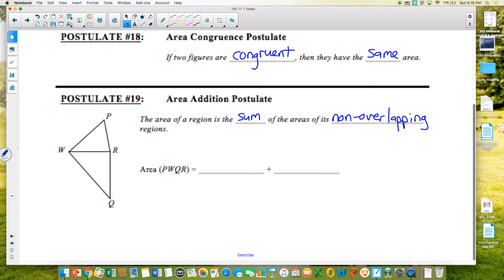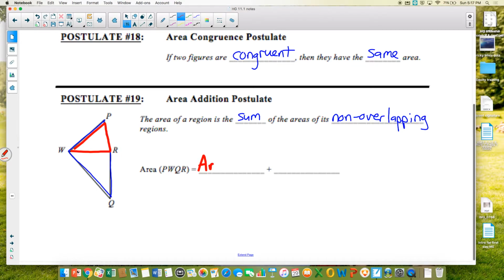So if we look at this picture, P, W, Q, R is a quadrilateral, kind of a weird shaped quadrilateral. But inside of there we have these two triangles. So to find the area of this quadrilateral, there's no special formula, but we could take the area of that red triangle.